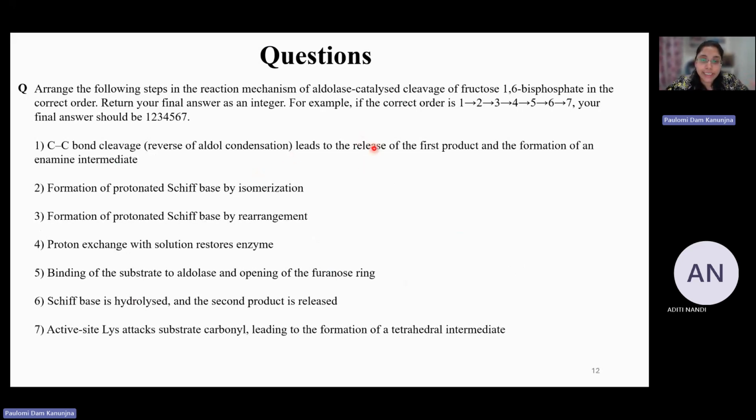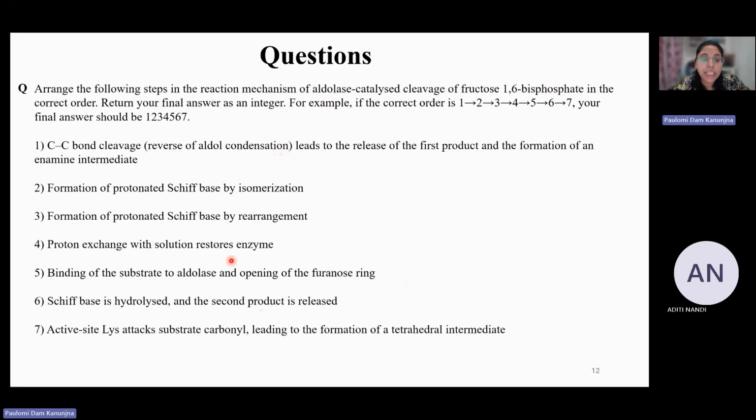Basically, there are 7 steps involved, and you have to arrange these following steps in the reaction mechanism of aldolase catalyzed cleavage of fructose 1,6 bisphosphate in the correct order, right? So if you think one happens first, write one, then write four, then write five, then whatever happens next, you write in that order. Read the answers, and then give me the correct answer.